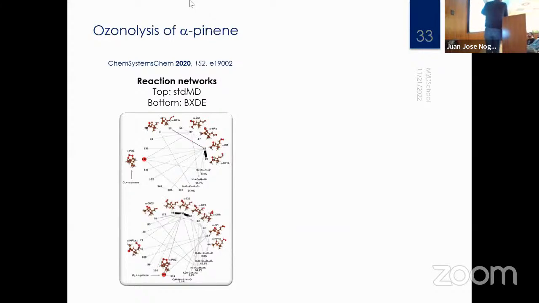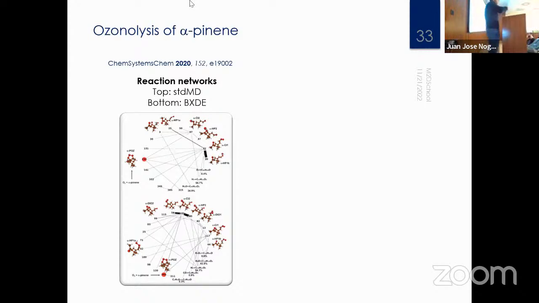Okay, this is another system. We studied this system for one reason. This is also the analysis of alpha binding. The reason for studying this was to compare the performance of both standard MD and DXD that I mentioned at the beginning.